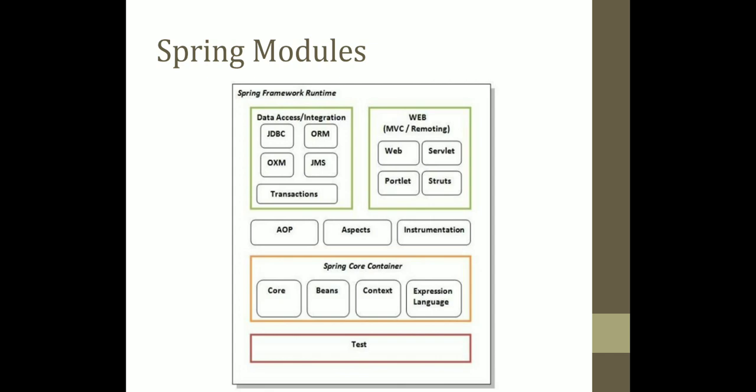Then in the Spring framework, a powerful language tool for querying is given by the expression language module, and it also does manipulation of an object graph at runtime. So that is nothing but the expression language part. This language is used for querying and manipulating an object graph at runtime.